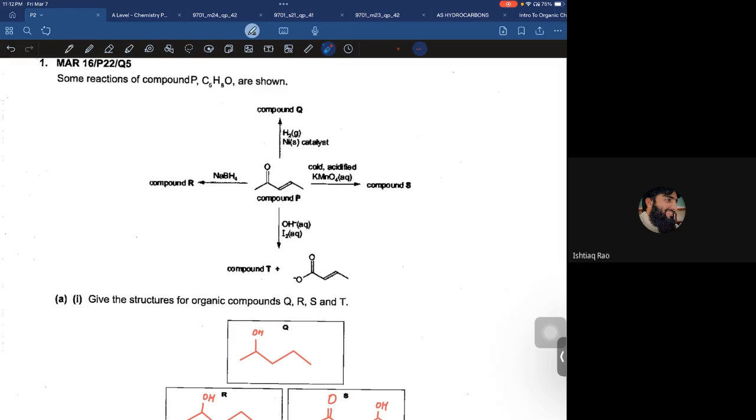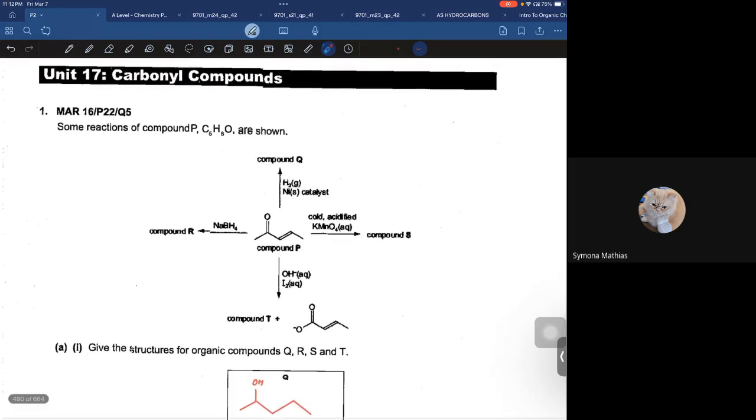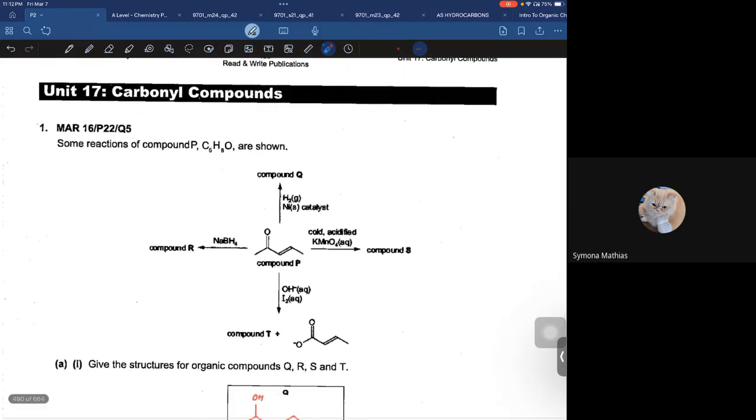Yes, Simona, Tala, Iman. Sir, will it be pentan-2-one? Because the double bond will be on the second carbon.